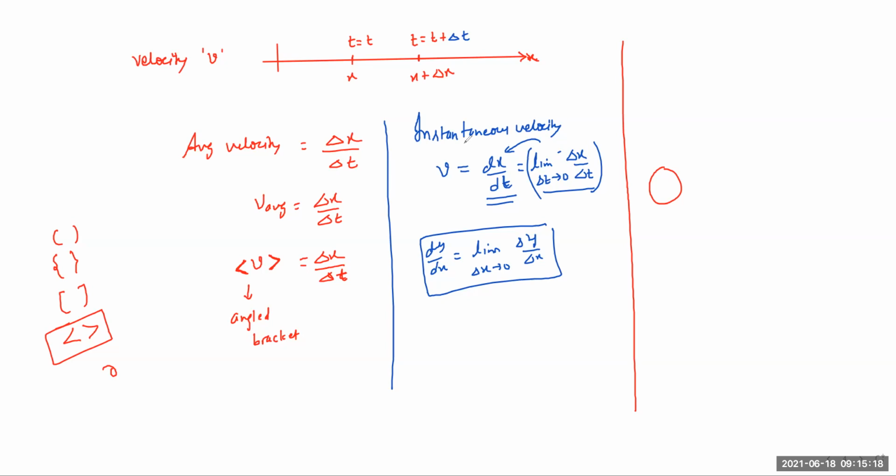So the instantaneous velocity is the average velocity when the time interval is approaching 0. And for everything which is instantaneous, we preferably write the derivative dx by dt. So when I don't put anything, this is called instantaneous. Similarly, if I ask you, what is acceleration?